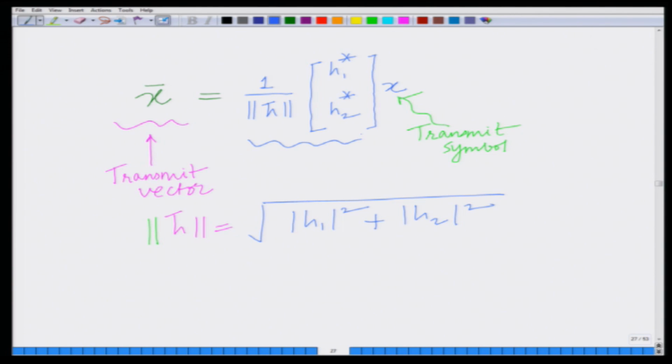And this vector which you are looking at here, that is h1 conjugate h2 conjugate divided by norm h bar, is known as the transmit beamformer. This vector, h1 conjugate h2 conjugate divided by norm of h bar, is a unit vector, you can check that the norm of this vector is unity, and this is known as the transmit beamformer.